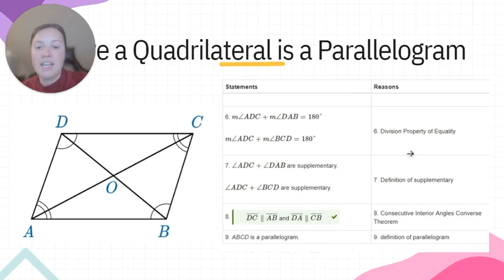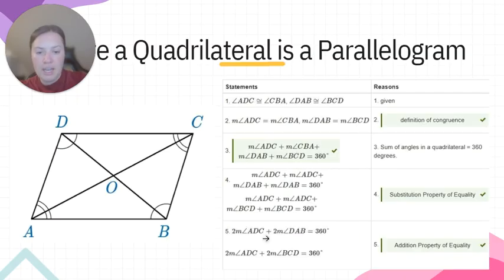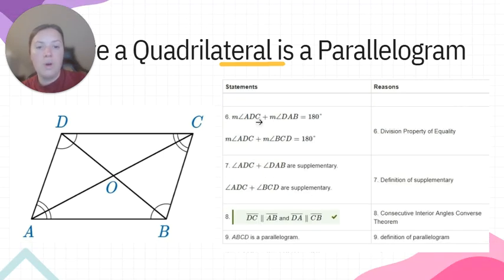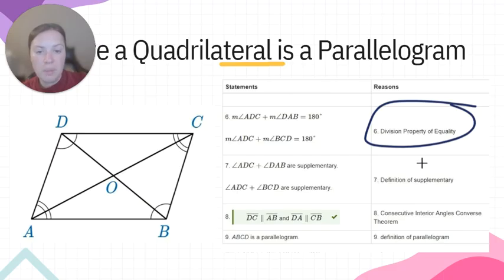Now, the second half of this proof is basically we are replacing once again. So let's go back. We have 2 ADC and 2 DBA, and then what we're doing here is we're using the division property first, to get rid of those 2's.